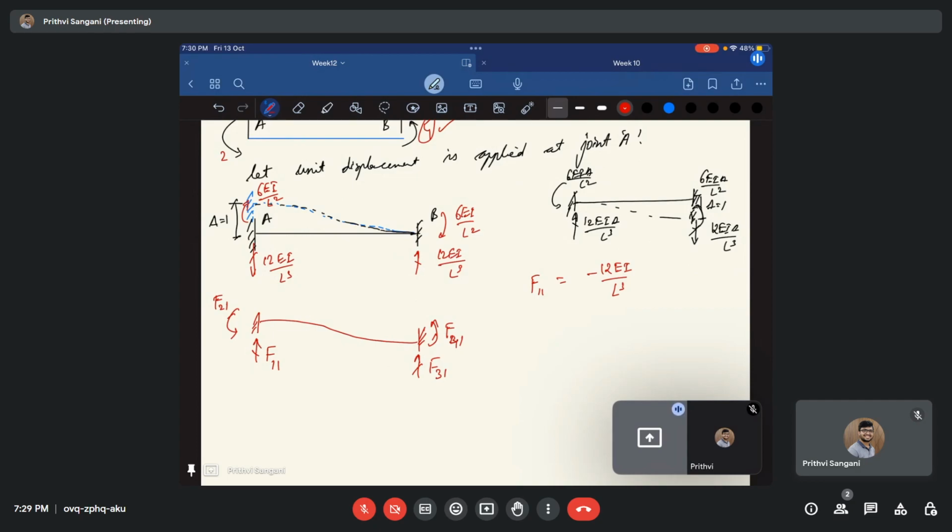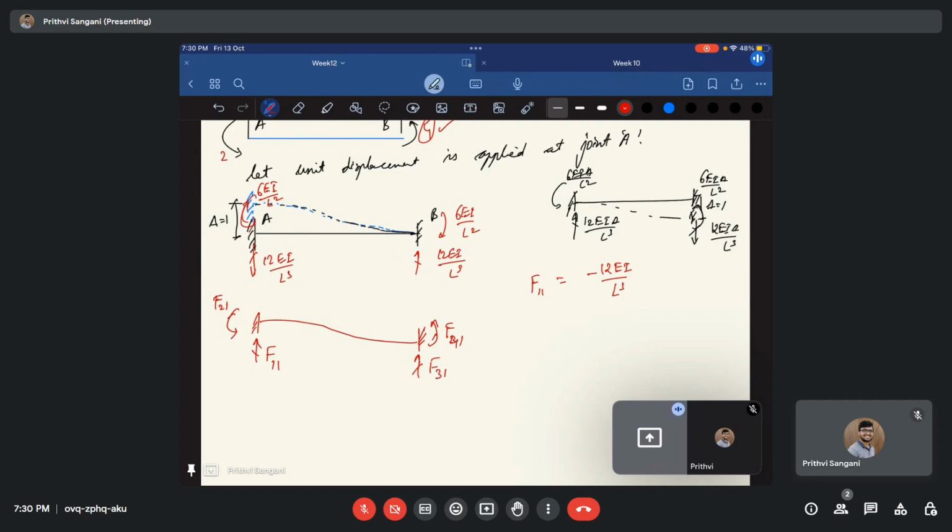Is it minus? Yeah. And what about F12? F12 is going to be plus EI by L cube.